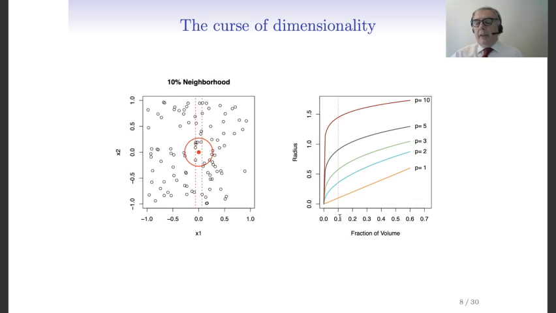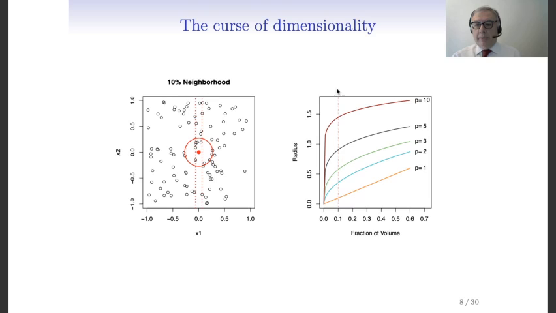For simplicity, I am assuming that the data are uniformly distributed in a hypercube, for instance. Here they are uniformly distributed in a square, but imagine a hypercube, and I define the neighborhood in such a way that it captures 10% of the data.